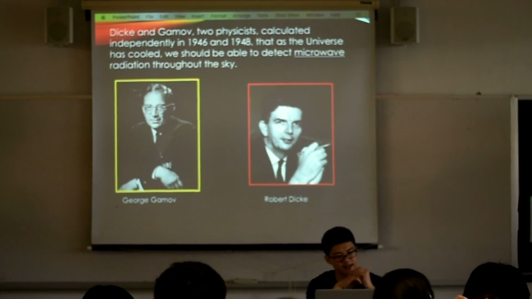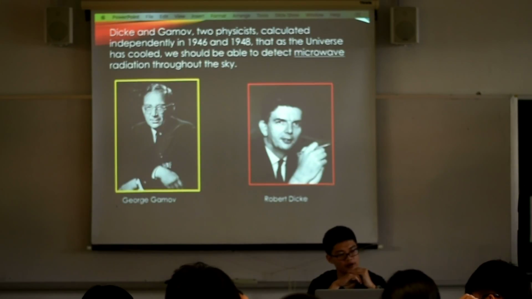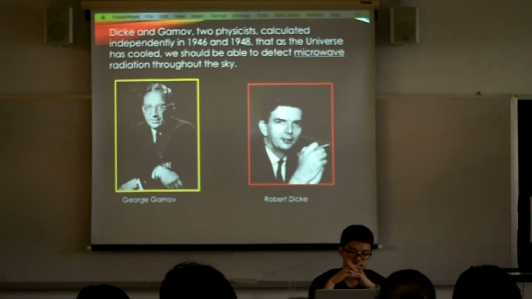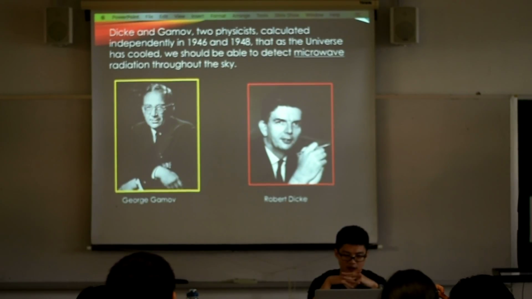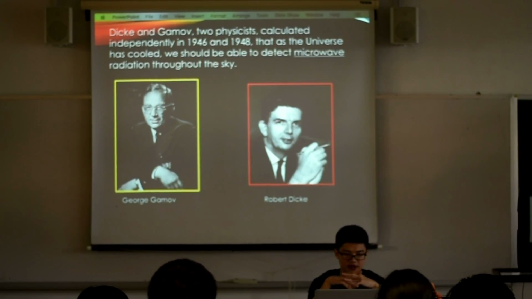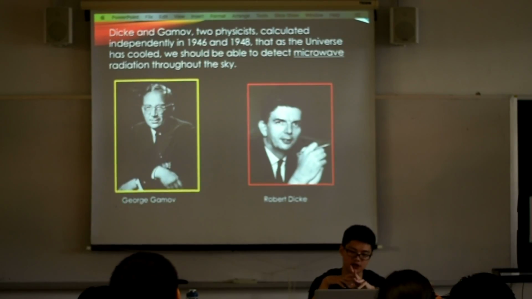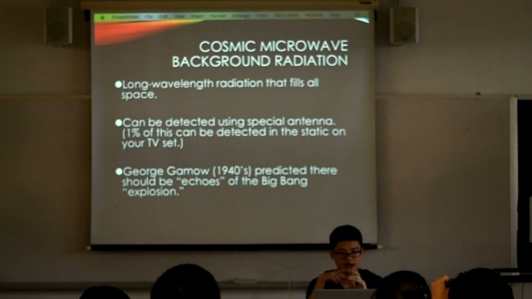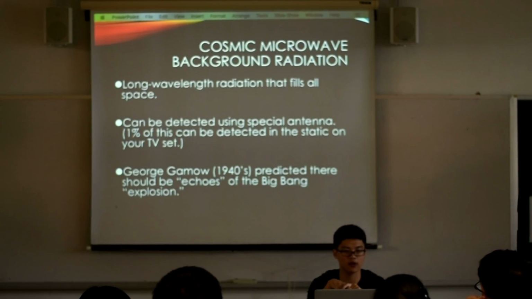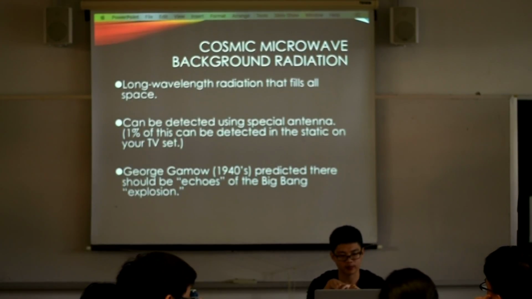After Hubble's law found the evidence of the expansion of our universe, two other physicists calculated independently in 1946 and 1948 that, based on the Big Bang theory, we should be able to detect microwave radiation from everywhere in our universe. It is later called cosmic microwave background radiation.